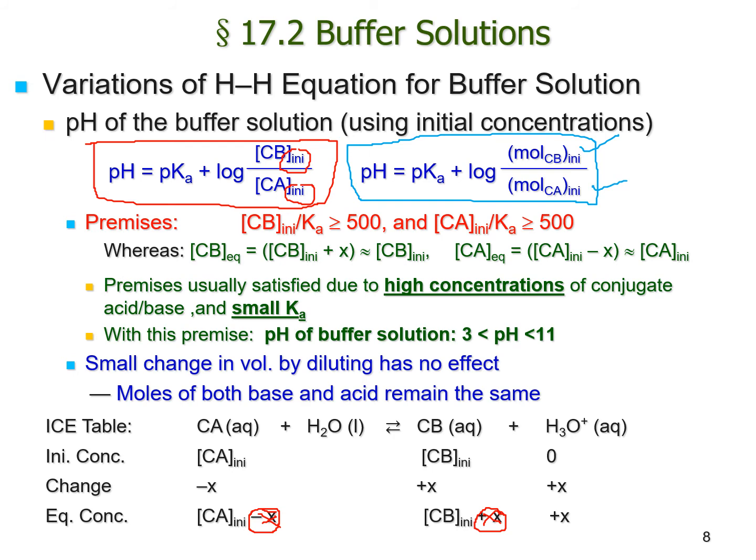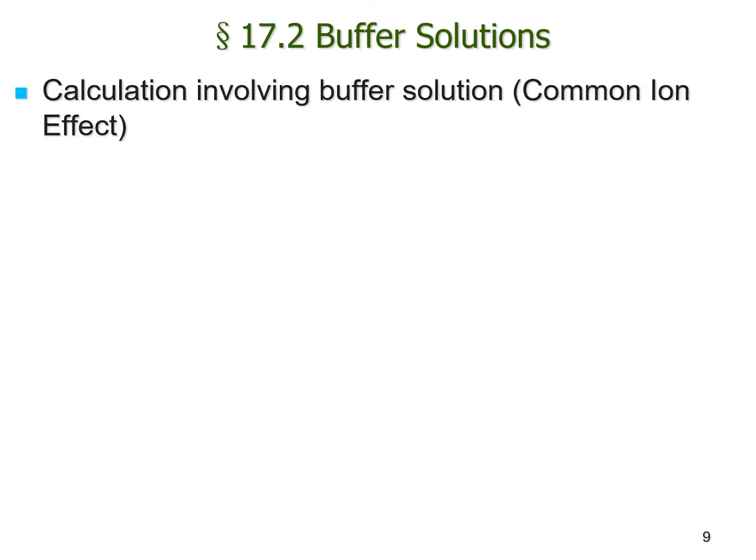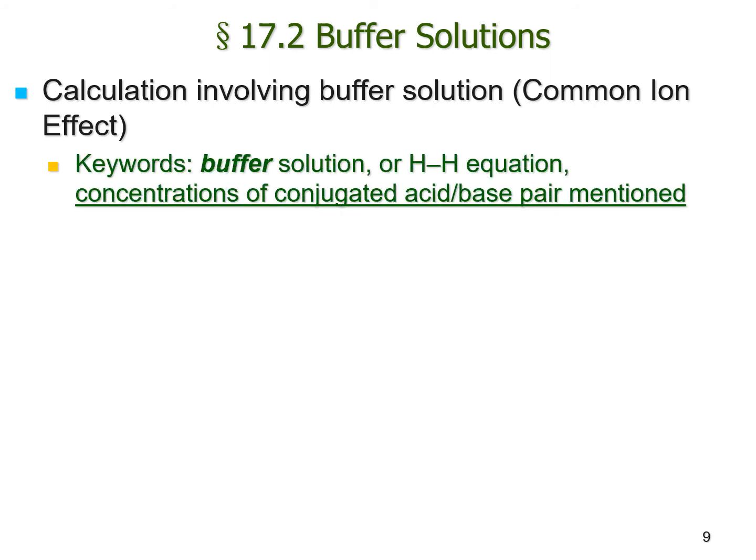Okay, so how are we going to calculate the math problems involving buffer solution? Remember, buffer solution is the application of the common ion effect. Obviously, if a question gives us a word like buffer, that's a whistleblower, right?